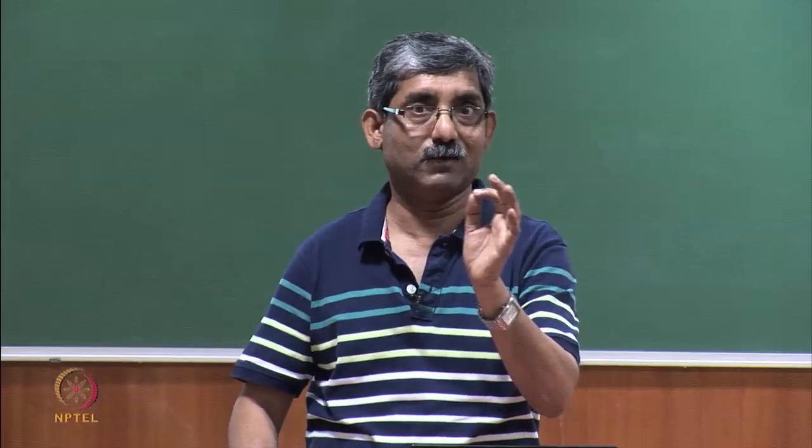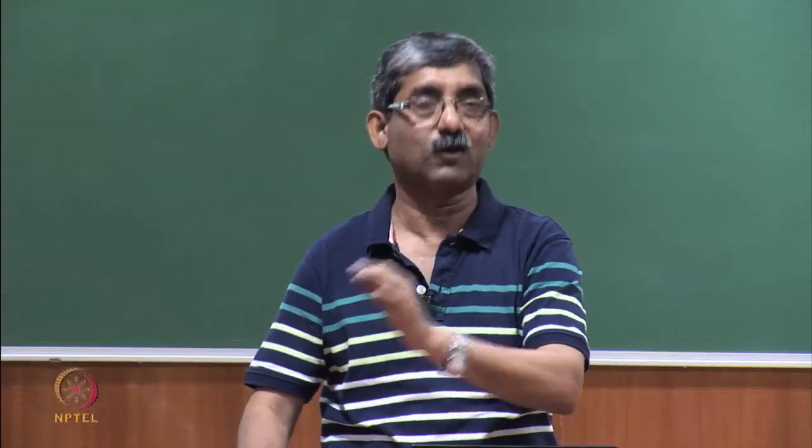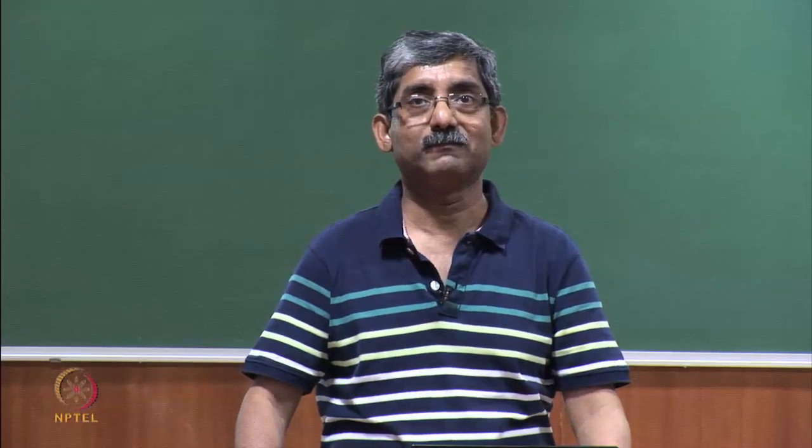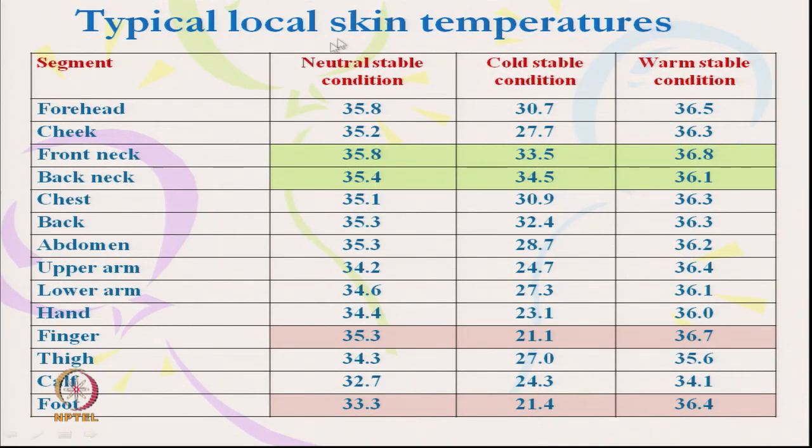Irrespective of winter or summer, body core temperature remains the same. Now, let us see the temperature distribution of our skin at different conditions, like neutral condition. At neutral condition it is maybe around 35-36 degrees Celsius.